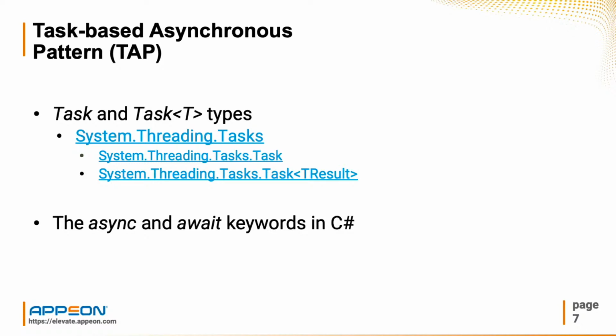TAP is the recommended asynchronous design pattern for new development. Writing input-output and CPU-bound asynchronous code is straightforward using the .NET task-based async model. The model is exposed by the Task and Task<T> types and the async and await keywords in C#.